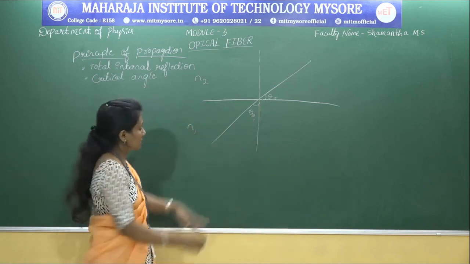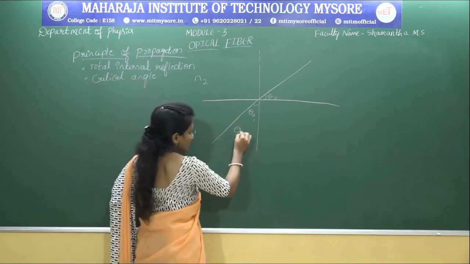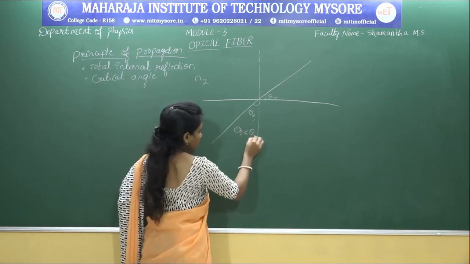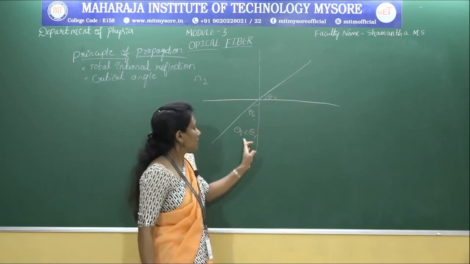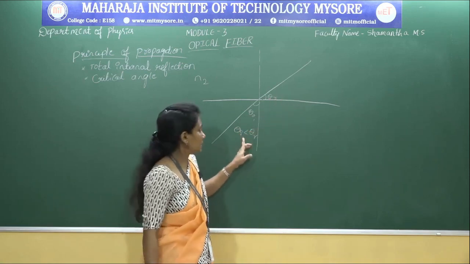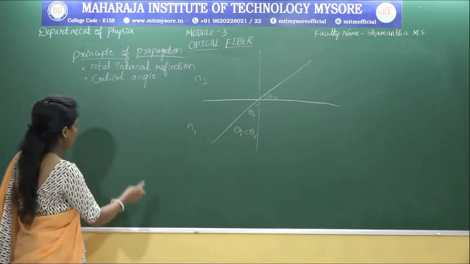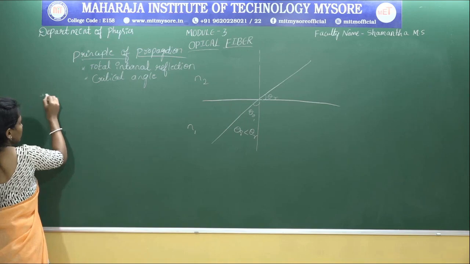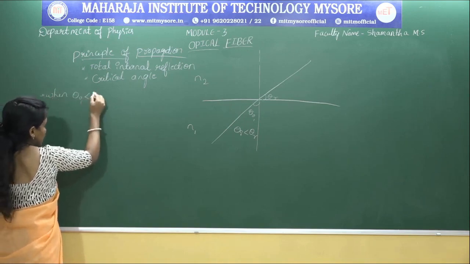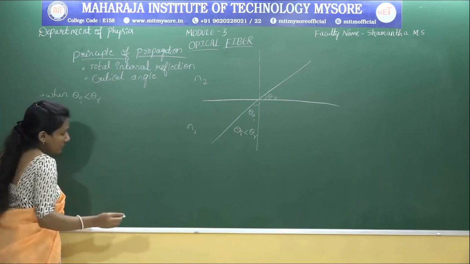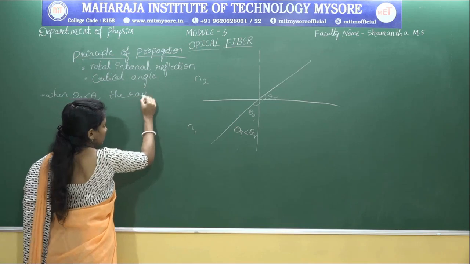The angle of refraction is greater than the angle of incidence. When the angle of incidence is less than the angle of refraction, at this condition the ray is refracted.